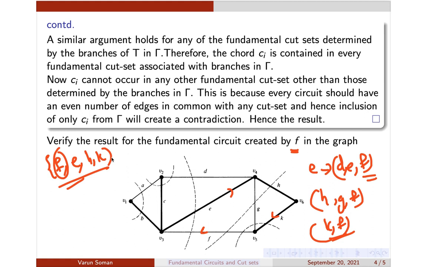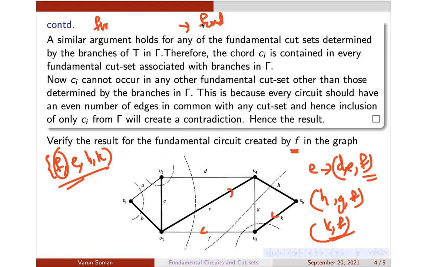Similarly, analogously, there is also one more result which you can state and also prove. Suppose I start with a fundamental cut set, it will contain a branch. Then that branch would be present in all the fundamental circuits created by the other chords. In the earlier theorem we took a fundamental circuit first, and now we state the result for fundamental cut sets.